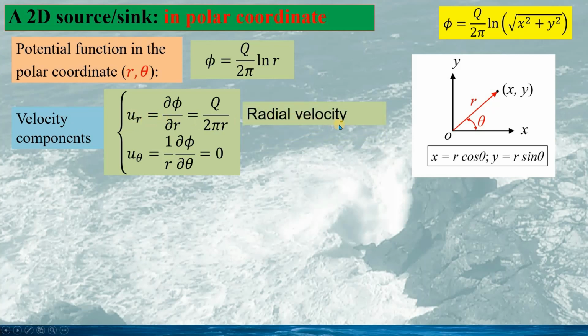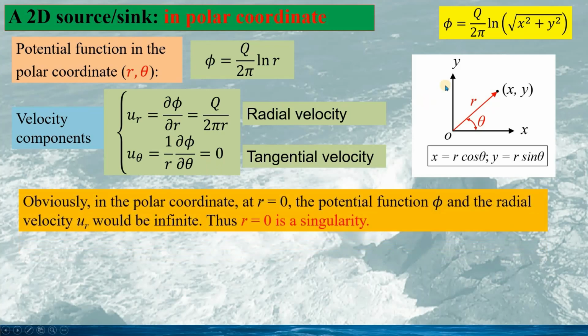This is the radial velocity, and the velocity component u theta is the tangential velocity. So we can see here, for the source flow, the tangential velocity component is identically 0. So in the polar coordinates at the origin, where r equals 0, the potential and the radial velocity ur would be infinite.